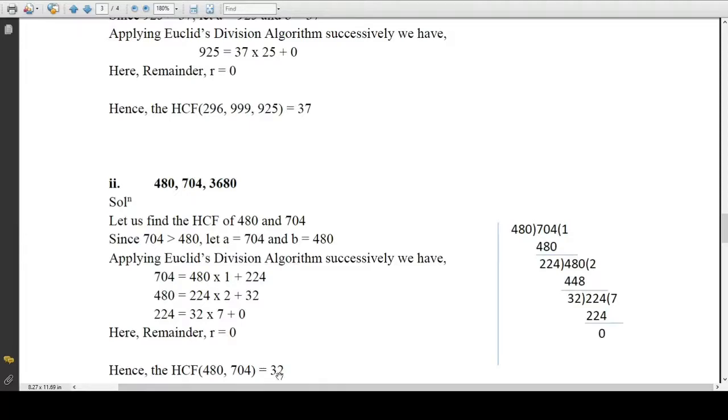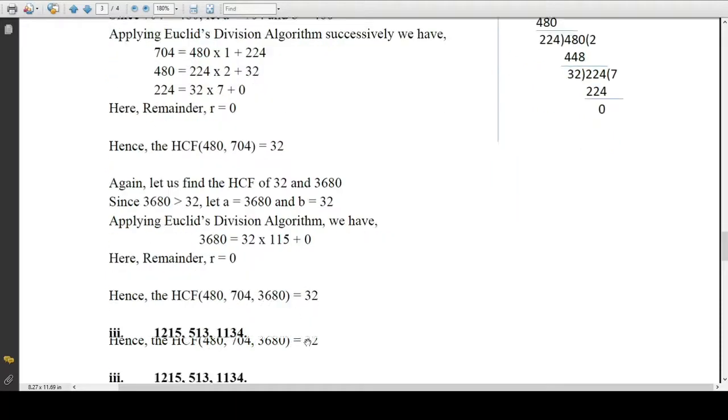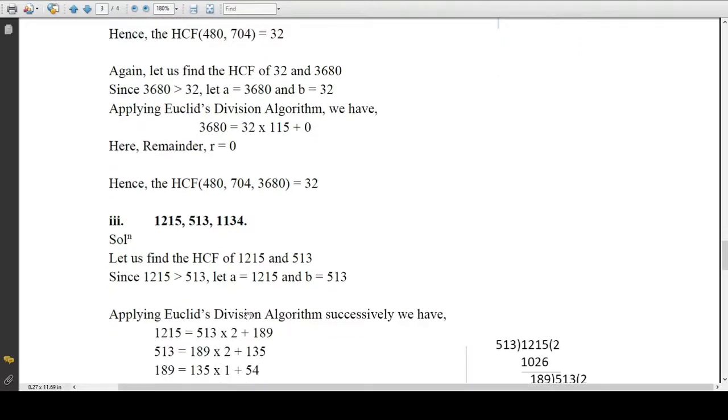Again this 32, find the HCF of 32 and 3680. Now 3680 will be 32 multiplied by 115 plus the remainder, which is equal to 0. That means the divisor here, 32, should be the HCF of all these three numbers. Clear?